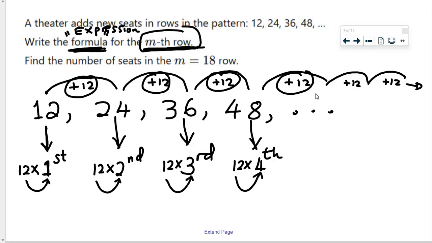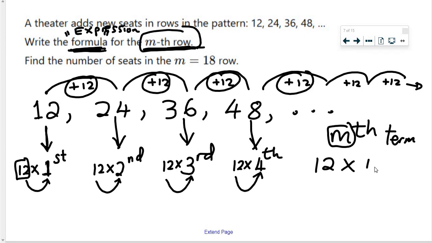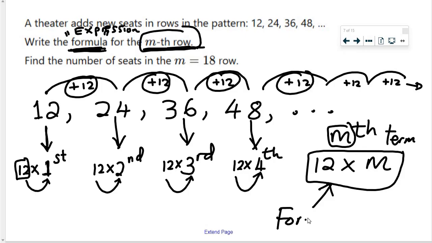Now, to get the mth number or mth term, you're going to get 12 into m, and this is what we call the formula or the expression for the mth row.